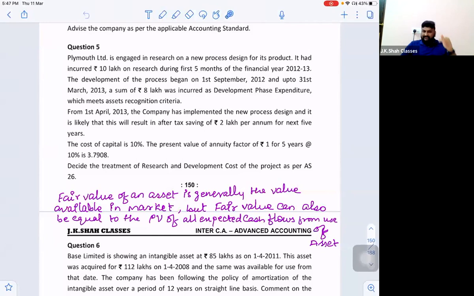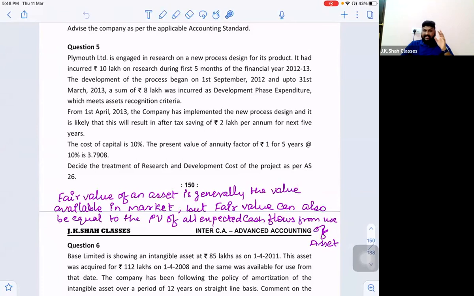If fair value is less, book value is greater. So technically, you cannot record your asset at 8 lakh. You have to record your asset at the fair value only, and the difference between book value and fair value will be impairment loss, which will be recognized today only, but in the form of amortization itself.